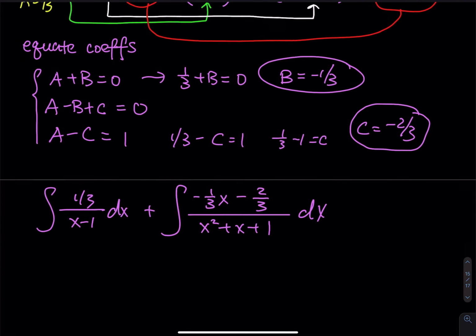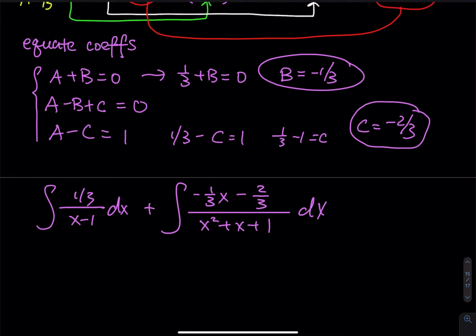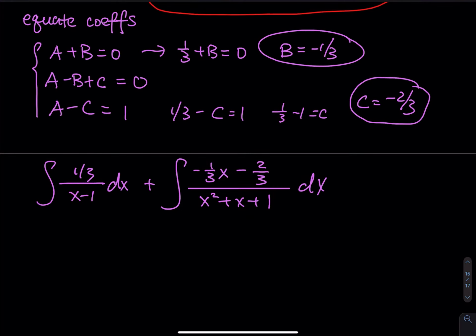And this integral isn't that easy to solve, and that's why I picked this problem for our discussion. So the first integral, easy, it's just 1/3 and then ln absolute value of x minus 1.